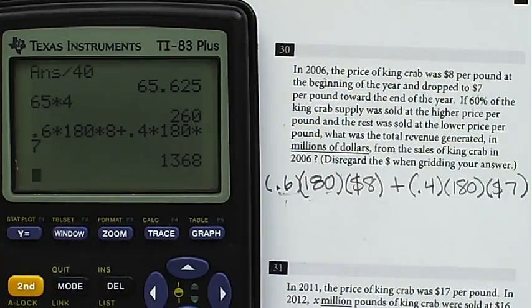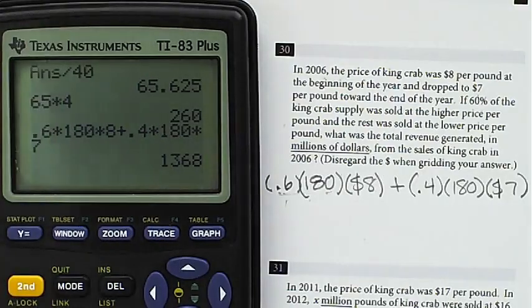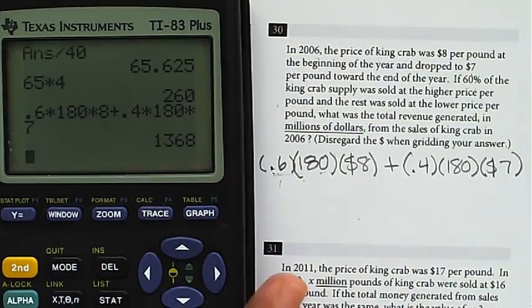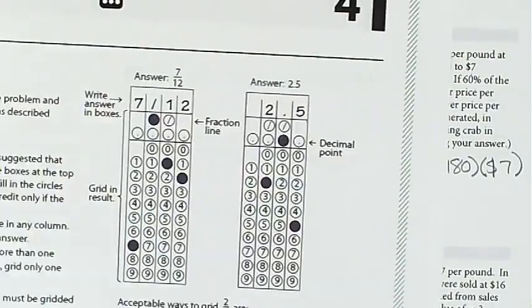I feel like that's going to be too big. It is going to be too big. Okay, so you have to round this off. Actually, you don't have to round this off. You could just put in 1368 in the grid-in.